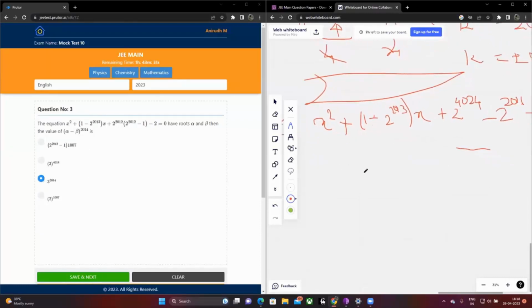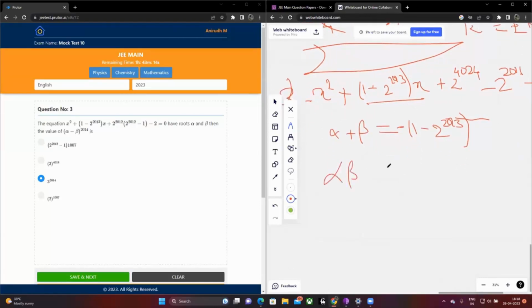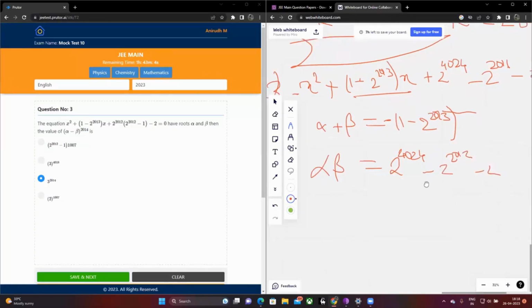So here it's alpha plus beta equals 1 minus 2 power 2013, because a is 1, b is this, right? Wait, this is minus of, because it's a plus, right? Alpha plus beta is minus b by a, and alpha beta is basically c by a, which is 2 power 4024 minus 2 power 2012 minus 2, right?